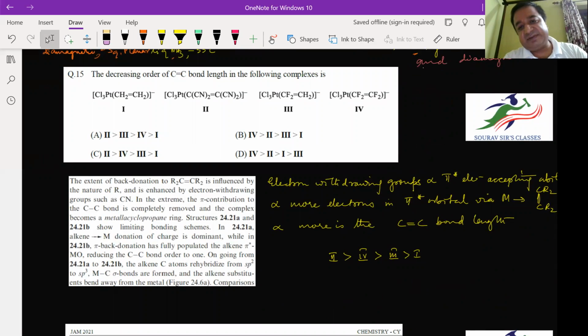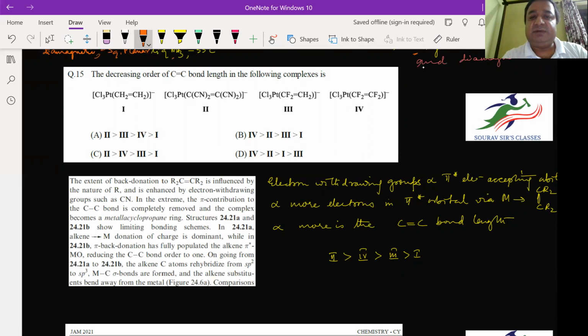Again, another question, which is again from Shriver-Atkins, or you can say Housecroft. Question number 15 says the decreasing order of C-C bond length in the following species, which is given as: 1, Cl3Pt CH2 double bond CH2. Complex 2 is Cl3Pt CN whole twice C double bond C, CN whole twice.